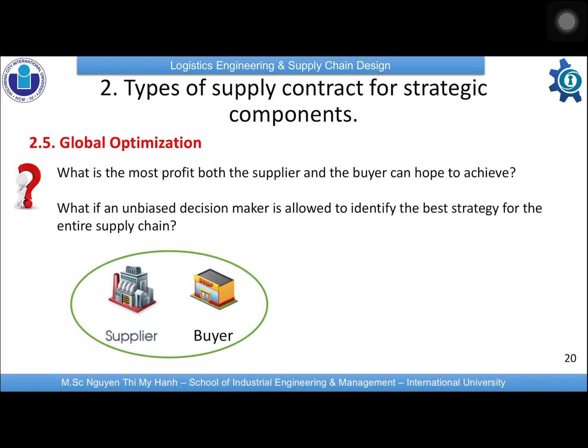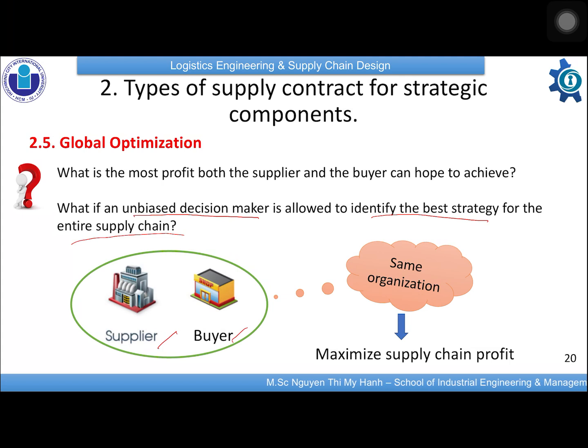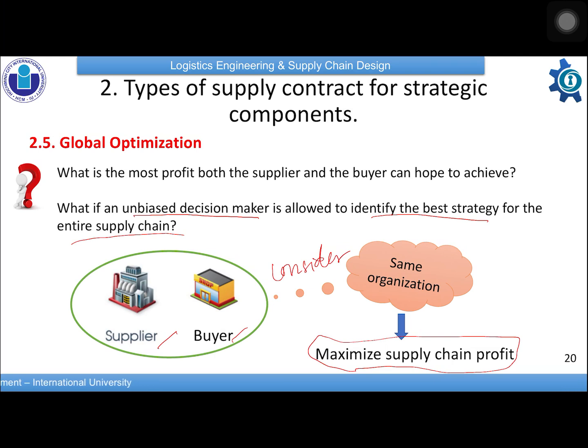And what if an unbiased decision maker is allowed to identify the best strategy for the entire supply chain? We consider the supplier and buyer as the same organization and try to maximize the total supply chain profit, not only the supplier's or the buyer's, but the whole supply chain's.